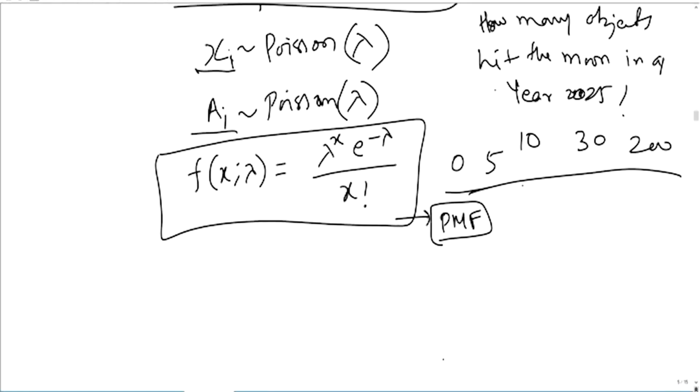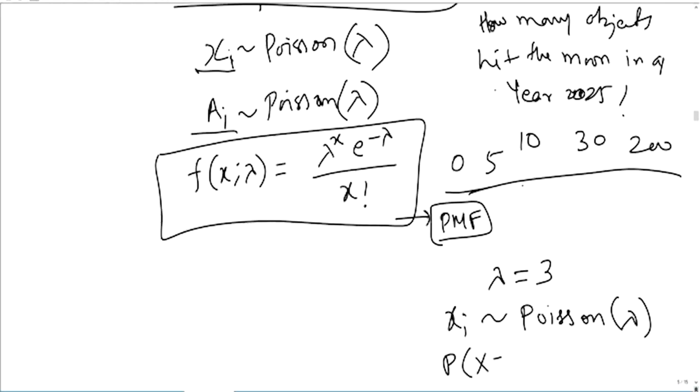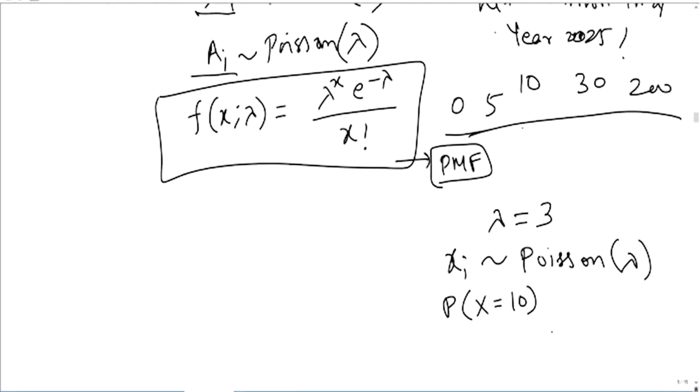Let's say the underlying rate of road accidents in Kanpur is 3. Assuming that the number of road accidents in a day, let's say xi, comes from a Poisson distribution with underlying rate lambda, what is the probability of obtaining 10 road accidents on a particular day?